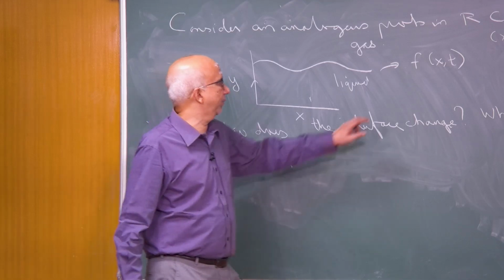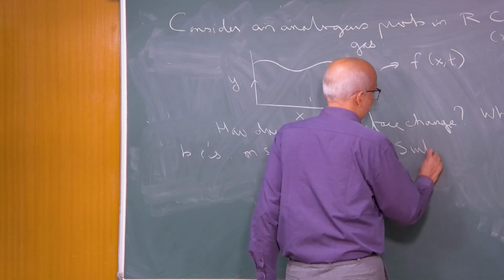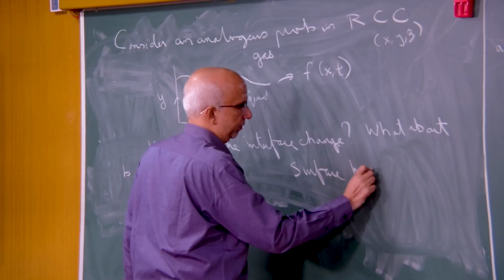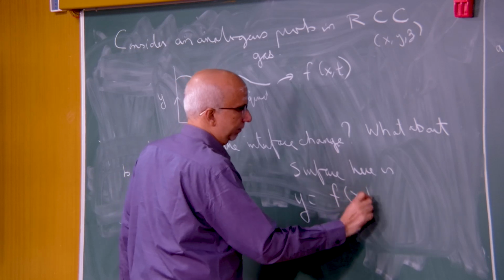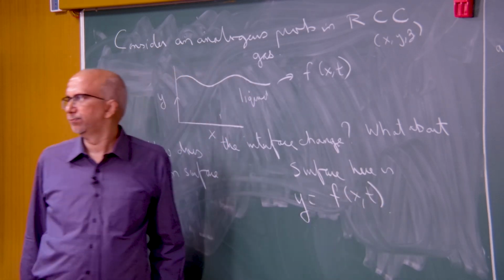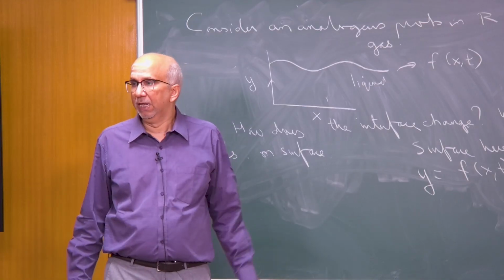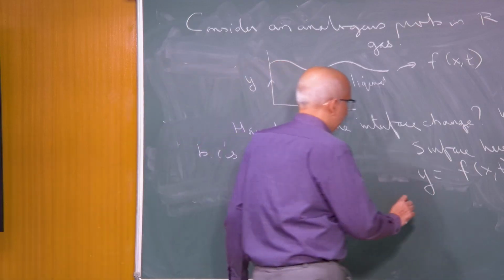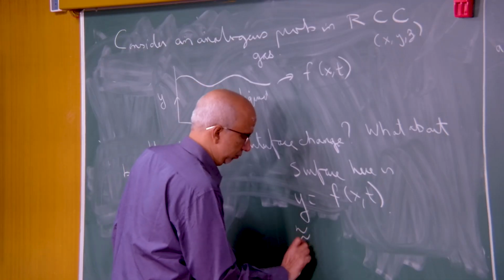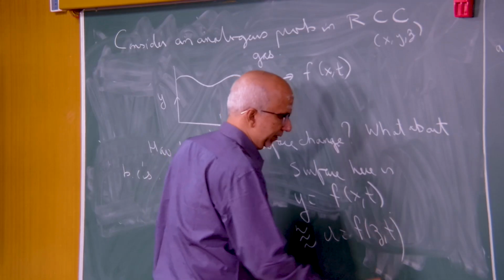You remember, the surface now is going to be defined as y equals f of x comma t. So, one coordinate depends on the other coordinate, similar to r equals f of z. In the earlier problem, this is analogous to r equals f of z comma t; I am putting a t also there now.